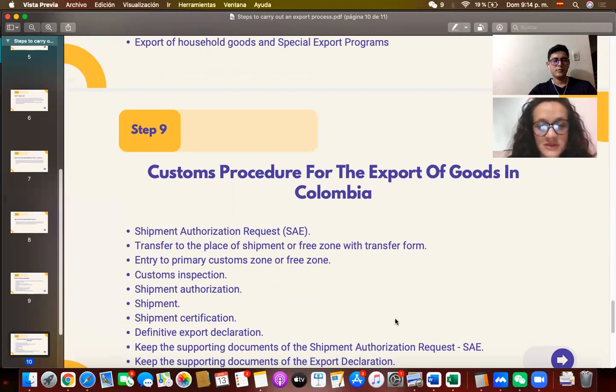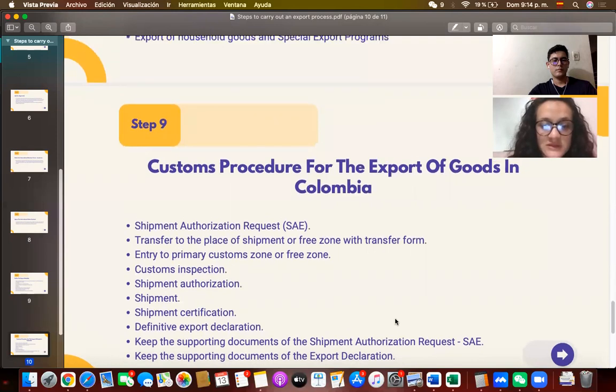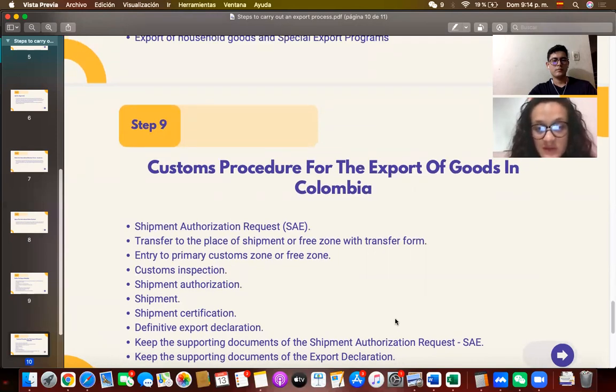Shipment authorization request, transfer to place of shipment or free zone with transfer form, entry to primary customs zone or free zone, customs inspection, shipment authorization, shipment certification, export declaration, keep the supporting documents of the shipment authorization request, keep the supporting documents of the export declaration.